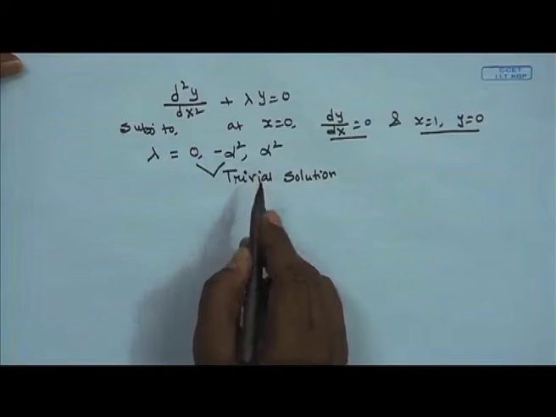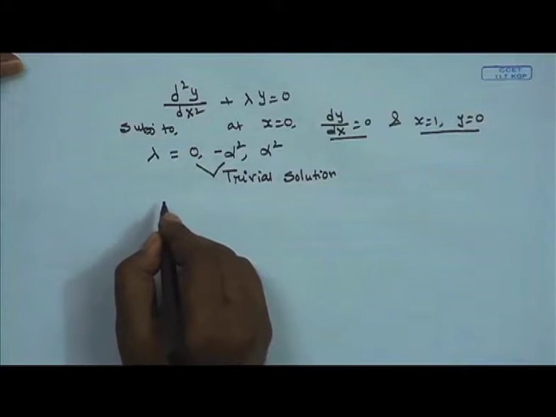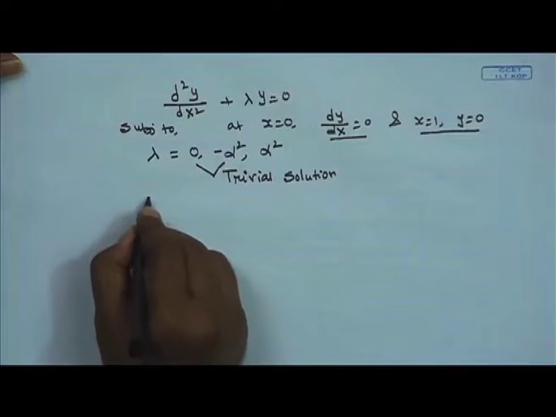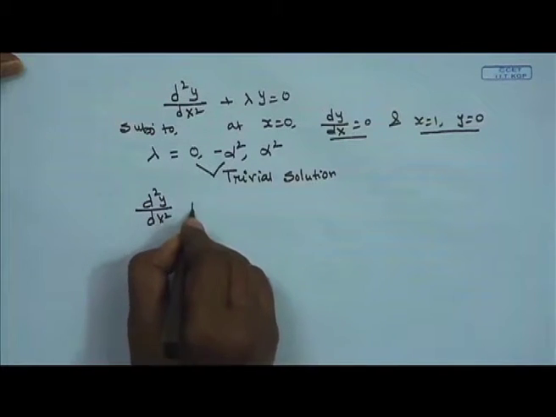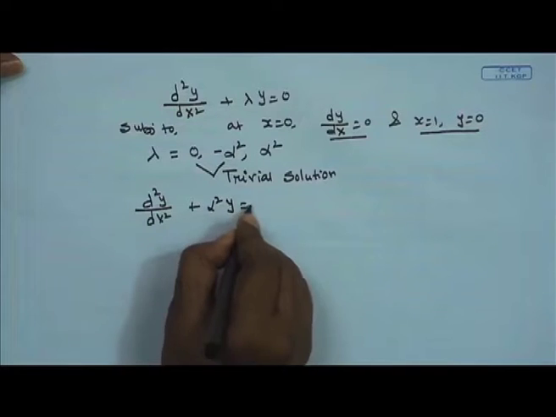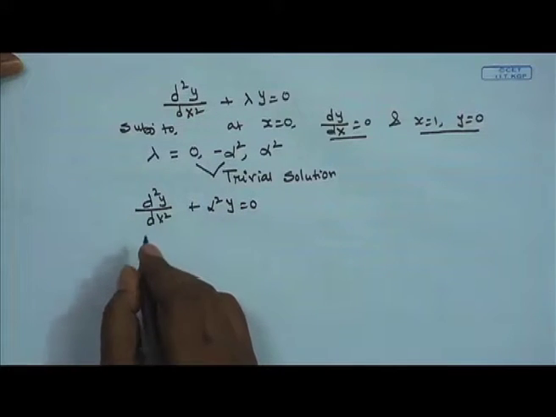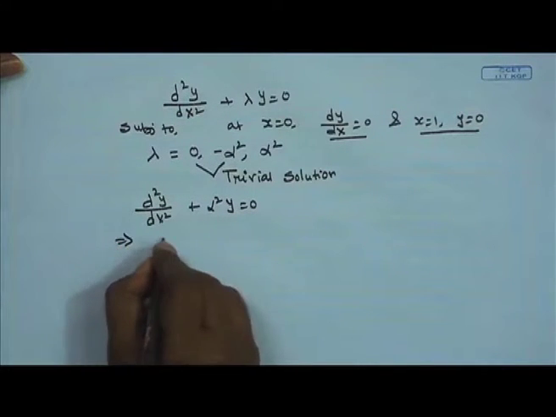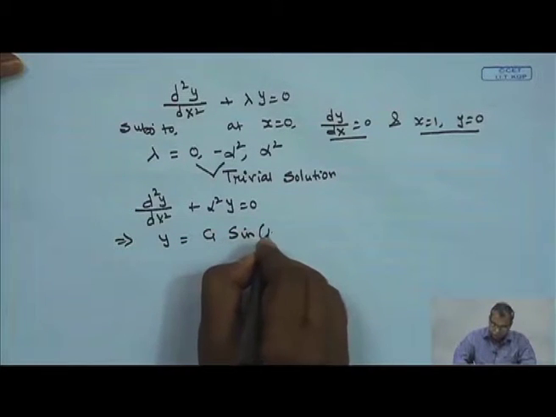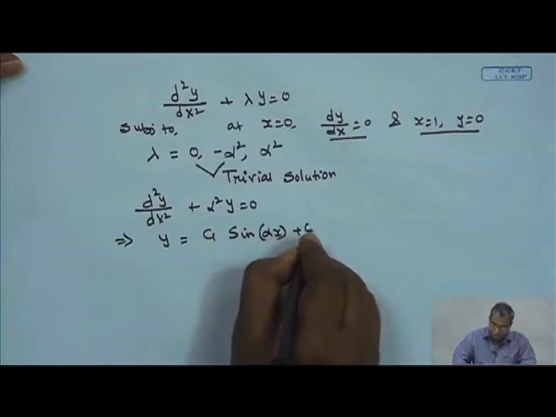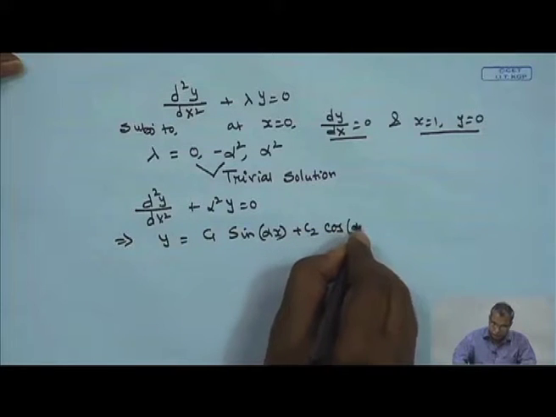So, we will be solving the case where we get a non-trivial solution, for lambda positive, or plus alpha square. If you do that, we get d square y dx square plus alpha square y is equal to 0, and as we know, this has a solution y is equal to c1 sin alpha x plus c2 cosine alpha x.